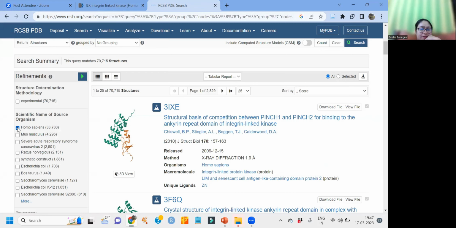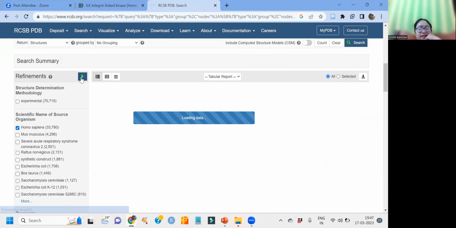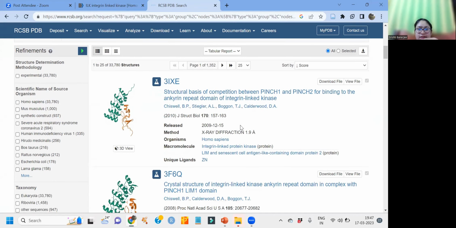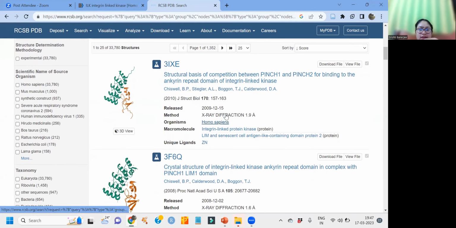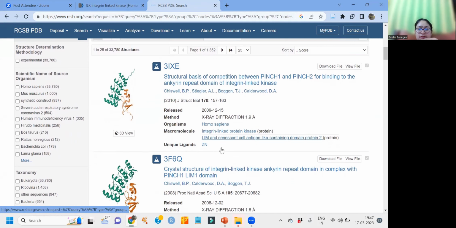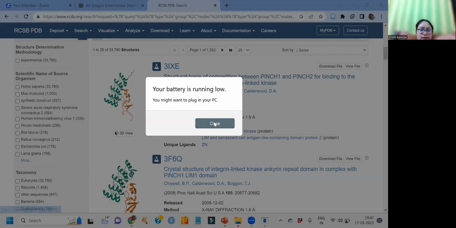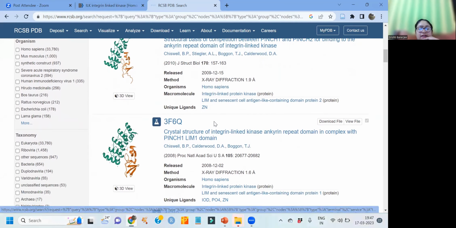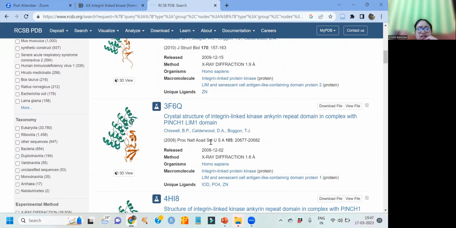It's Homo sapiens. And then you click on refinements. So now you see. Structural basis of competition between this and this binding to the integrin. Then we have 3FCQ, crystal structure of integrin linked kinase.